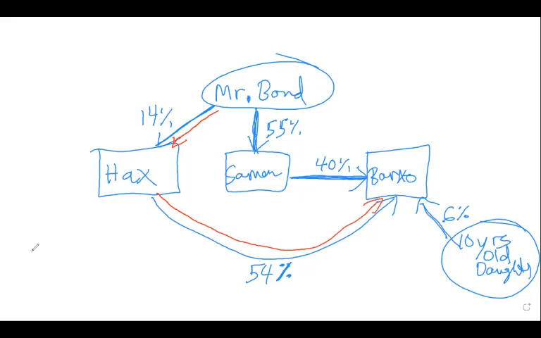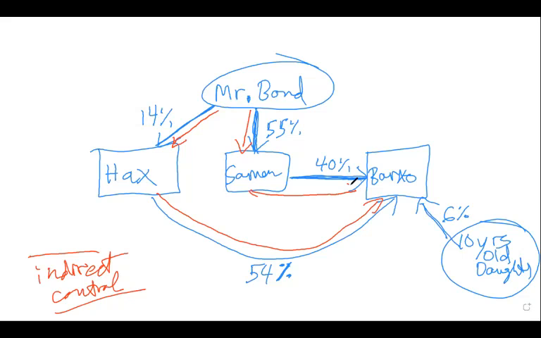So this red line that I'm showing here is a path of some indirect control, and indirect control matters. We also have a path where Mr. Bond owns Cernan, but that continues on as Cernan owns some of Barkso. So what do we do with these indirect manners of control?